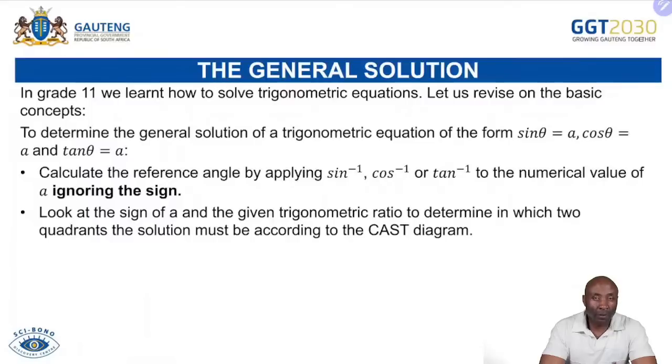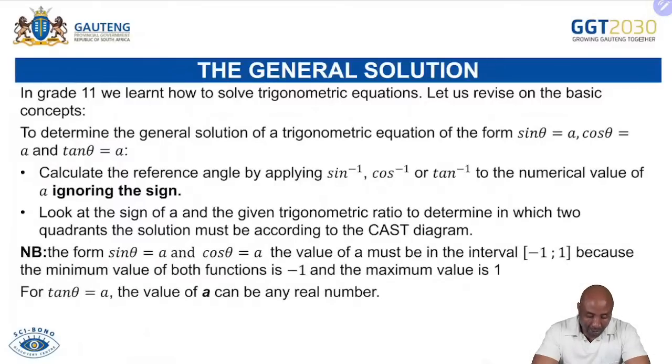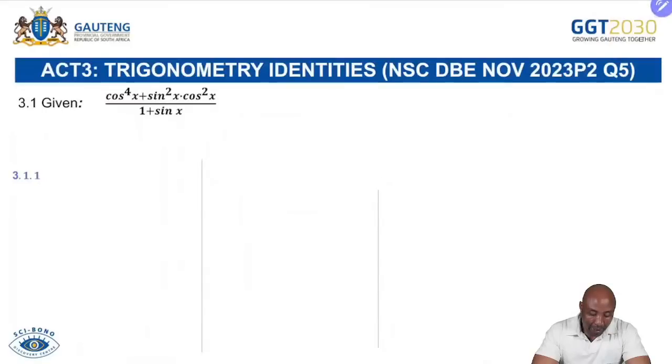If it's a sine or cos function, the period is 360 degrees. If it is a tan function, our period is 180 degrees. We also look at our CAST diagrams, and we know that for the sine and cos function, our minimum is -1 and our maximum is 1. So we should always check that. For tan, we know that our A can be any real number.